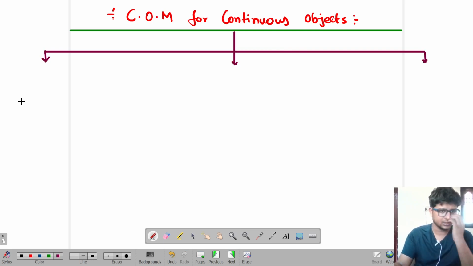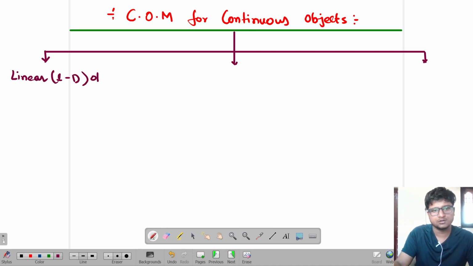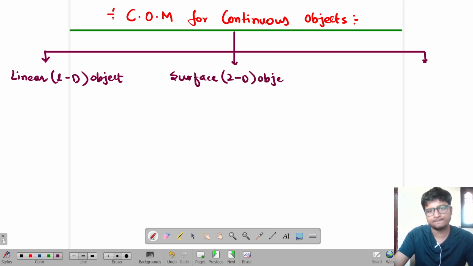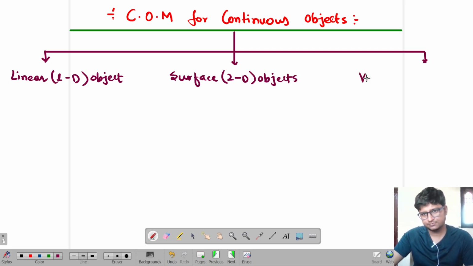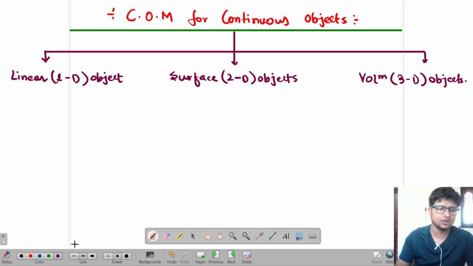One is linear objects, linear 1D objects. Other was surface or 2D objects. And third was volume or 3D objects. Yes or no? And for each one of them, we have different density factors.